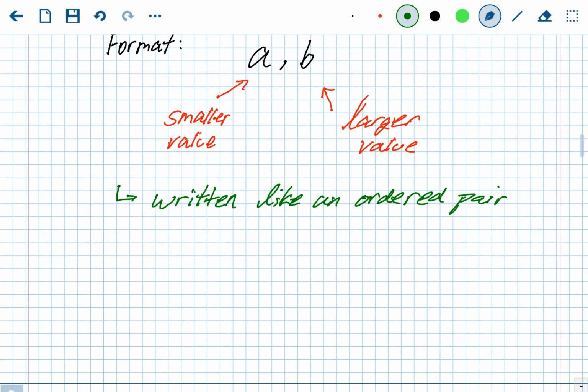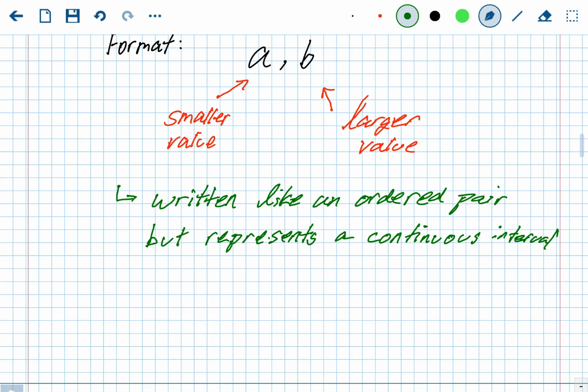These are endpoint comma endpoint. It's written like an ordered pair, but it represents all numbers in between those two endpoints.